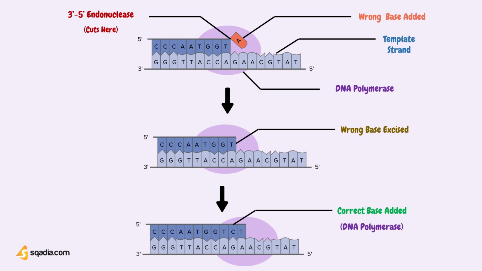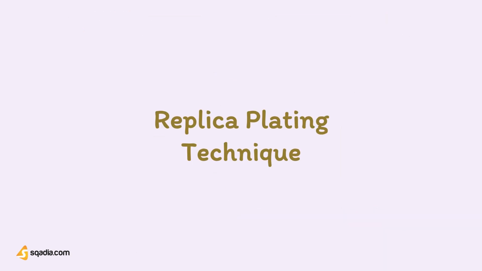To reverse the change before the next round of deoxyribonucleic acid replication, the bacterial resistance is the effect of genetic mutation in bacteria. So, plating verifies that bacterial resistance is the result of pre-existing mutations. This is called the replica plating technique.